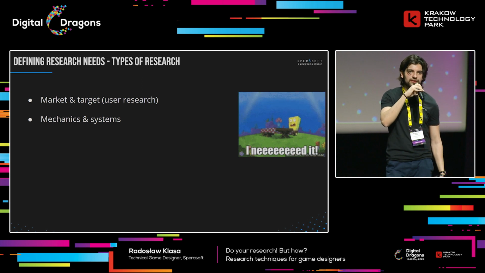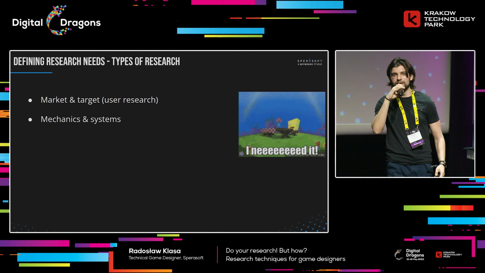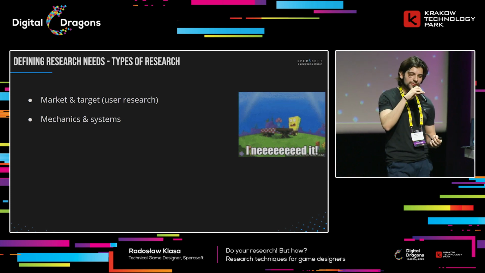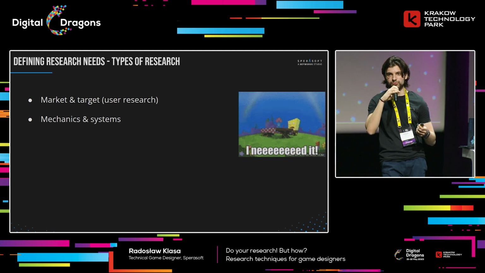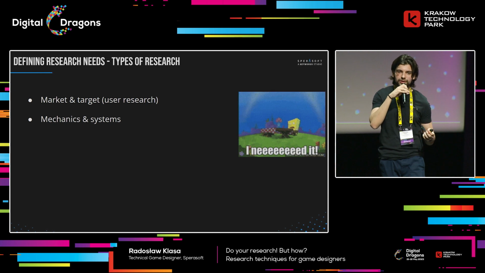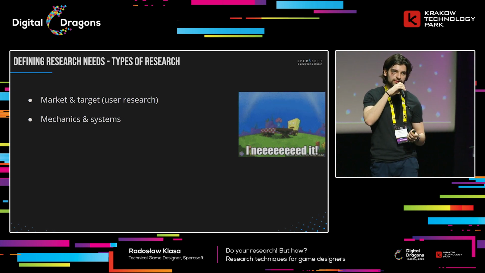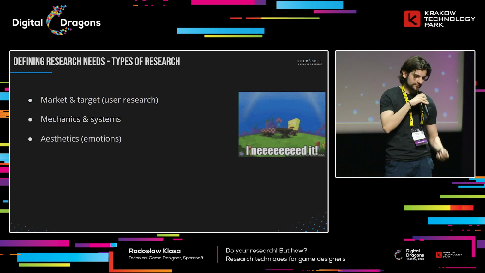The second is mechanics and systems, and that is more strictly from the game designer perspective. So we know what mechanics were used, what systems were created, how they work together, and how we can merge them into our game.